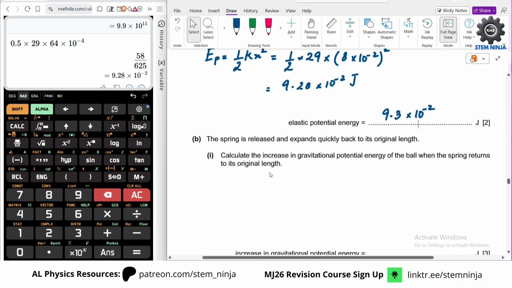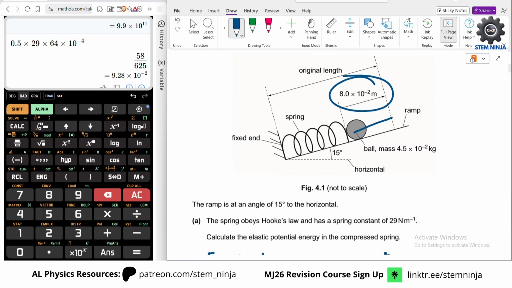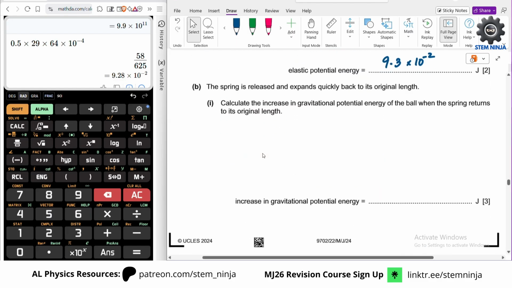The spring is released and it expands quickly back to its original length. Calculate the increase in gravitational potential energy of the ball when the spring returns to its original length. Okay, so the change in length over here is the same, 8 times 10 raised to the power minus 2. However, the change in gravitational potential energy is actually coming from this particular change in height. So we find out the delta H first.